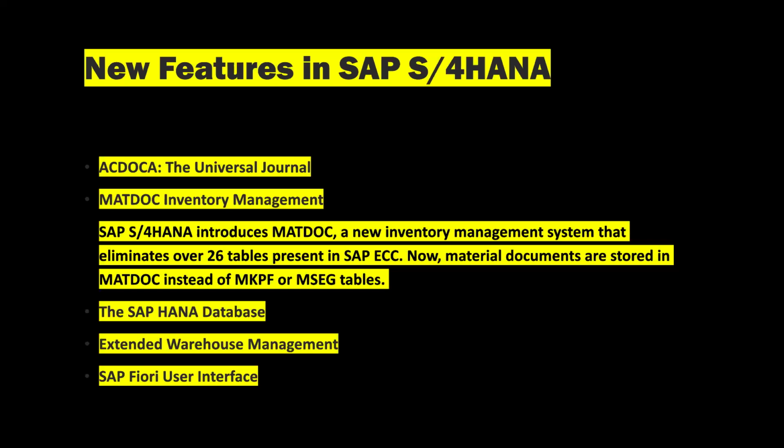The interesting thing with MATDOC is it has now replaced MKPF and MSEG, which had about 23 tables. So all of that has been replaced with MATDOC, where all the inventory management tables have now been combined.